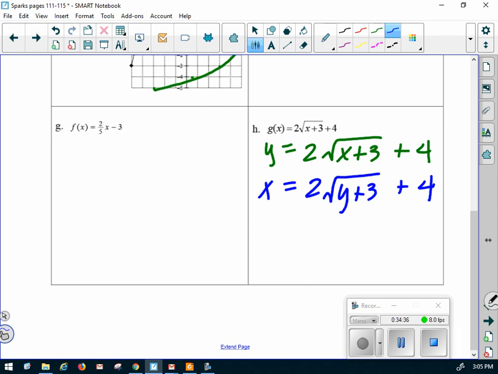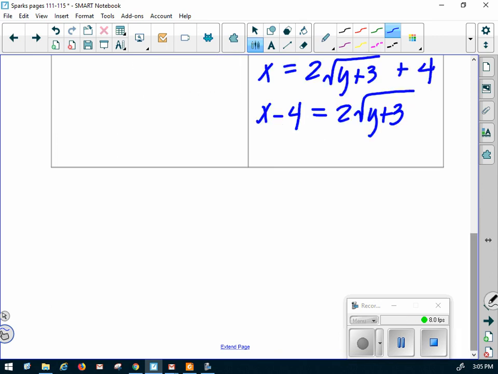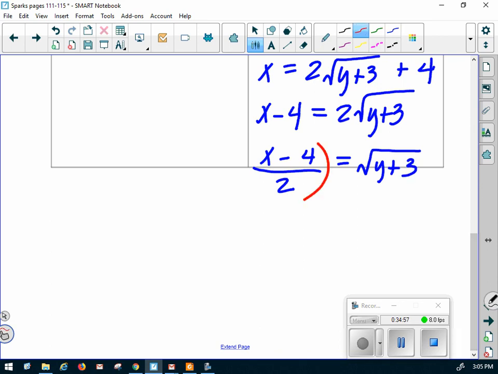And I'm going to solve for y. So I'm going to subtract 4. I'm going to divide by 2. I'm going to have to square both sides.